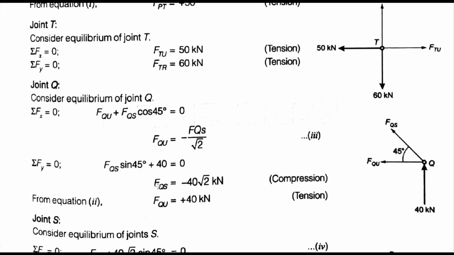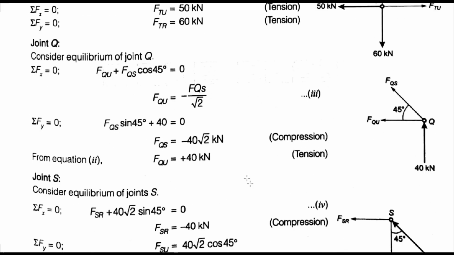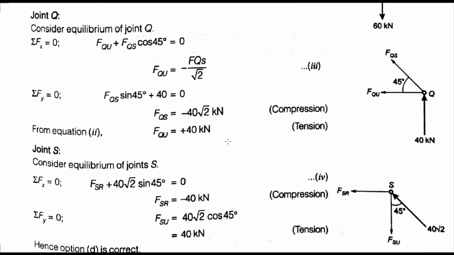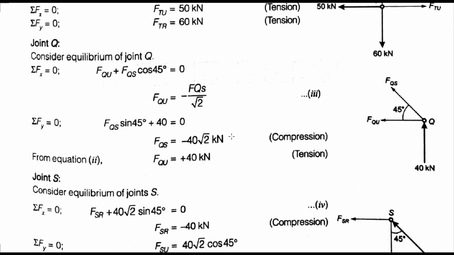So here FQS is equal to minus 40 root 2 kilonewton, and as there is a minus sign, it is in compression. By putting the FQS value here, we get FQU is equal to minus FQS upon root 2. So FQU is equal to 40 kilonewton. In this way, you can solve all the member forces in the truss.